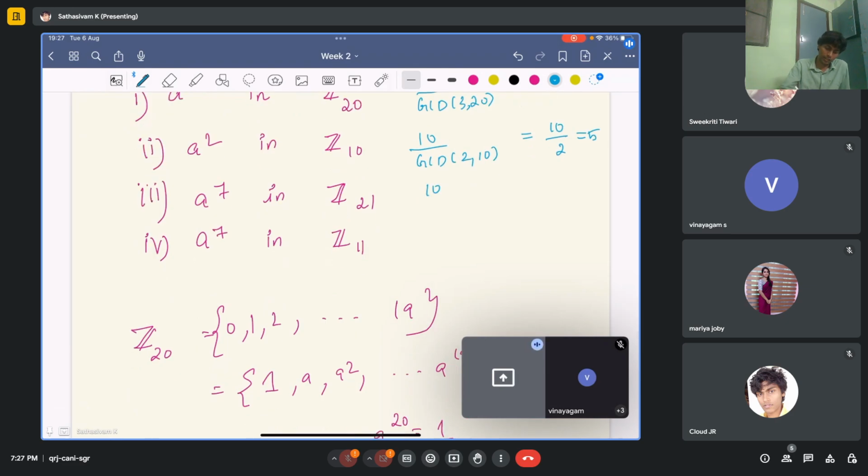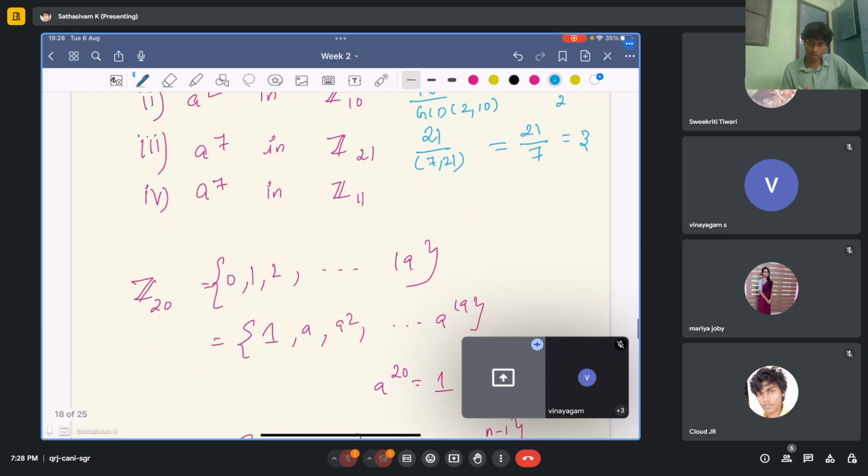Okay. So in this case, what? It is 21 by, see, I'll skip writing GCD, I'll just write the bracket only: 7 comma 21. It means GCD, but I'm not writing it in front. So GCD of 7 and 21 is 7. So this is 21 by 7, which is equal to 3.